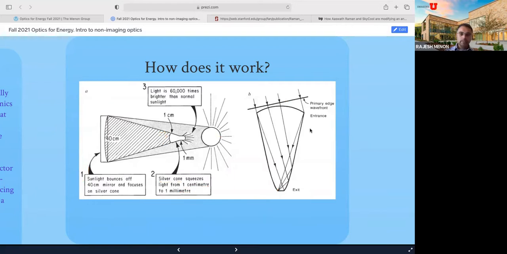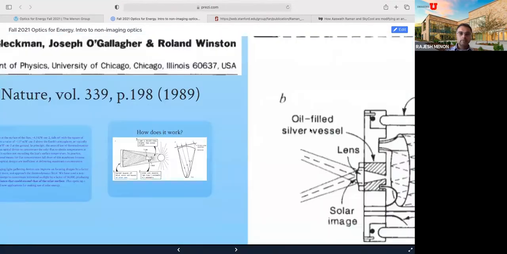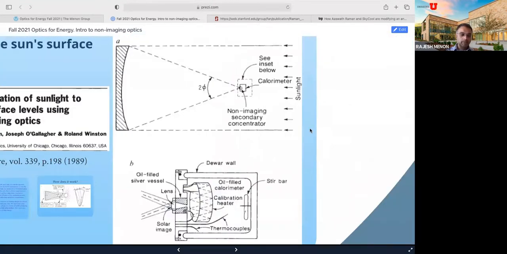Now, it's also illustrative to take a look at how this experiment was done. Again, the same as before, you have the primary mirror shown here, collection angle here, and it's going to this non-imaging secondary concentrator, going to a calorimeter, which measures the temperature. The details I won't go into, but you can see here, they use an oil-filled silver vessel.